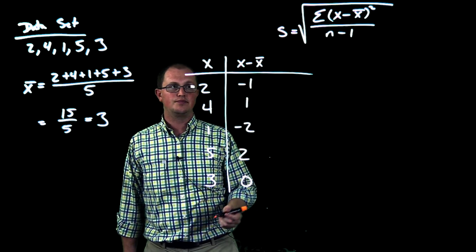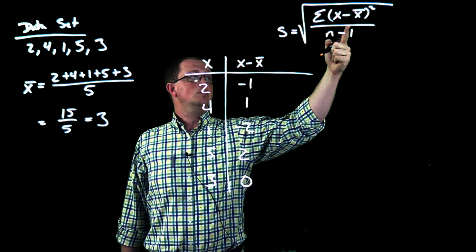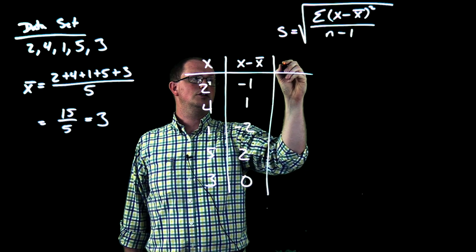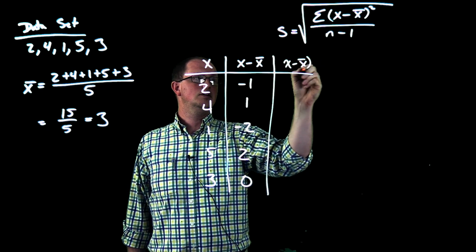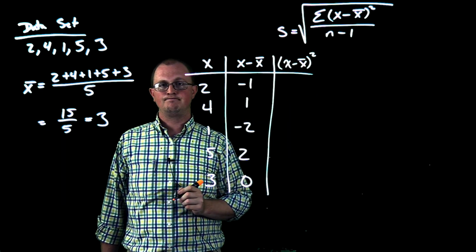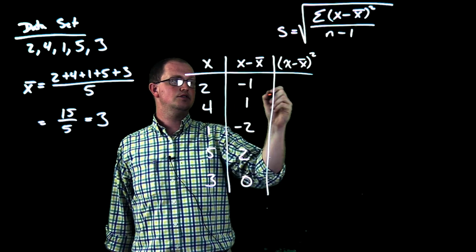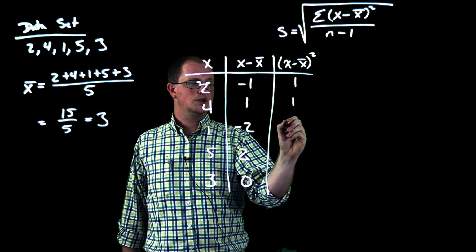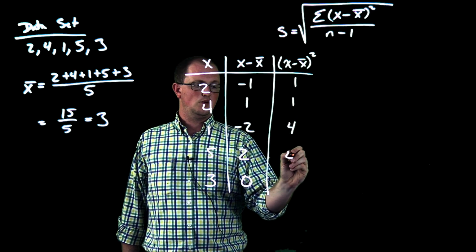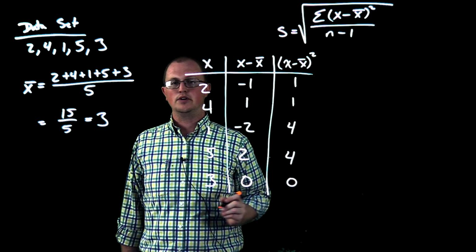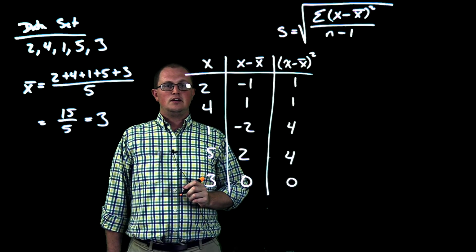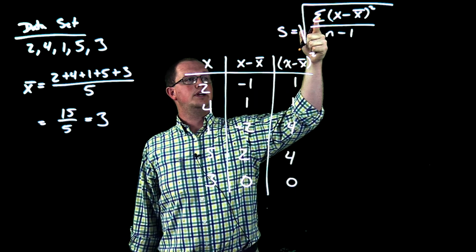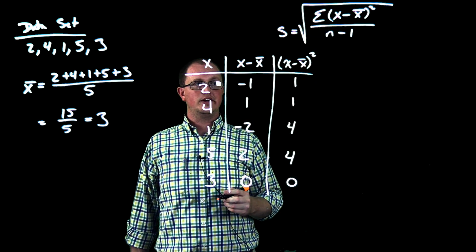So in the formula, we have x minus x bar squared. We do the same thing that we just talked about, x minus x bar squared. So we take each of these and we square it. So negative 1 becomes 1, 1 becomes 1, negative 2 becomes 4, 2 becomes 4, and 0 squared is just 0. Now, this symbol right here says that we add all that up.